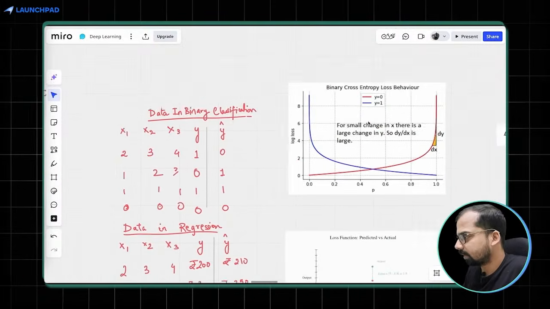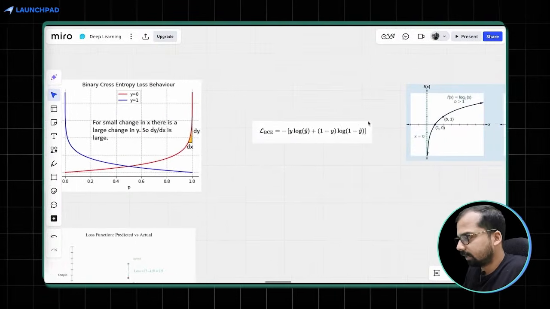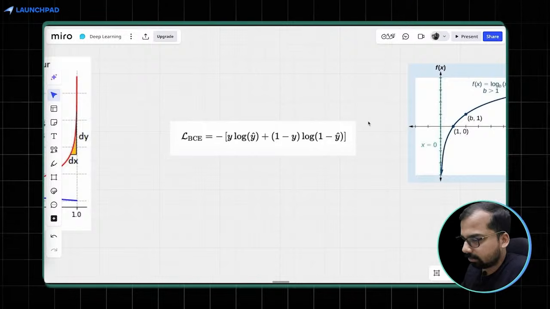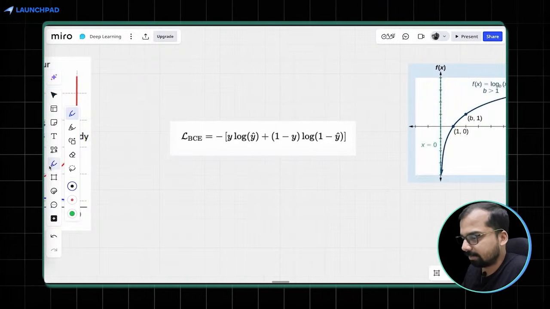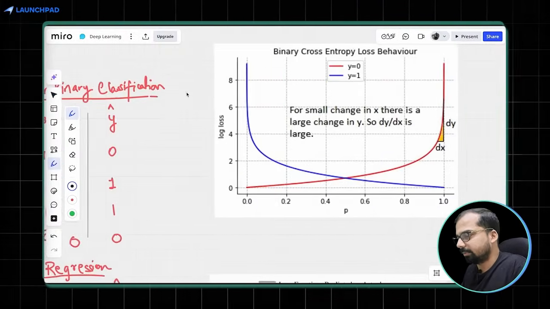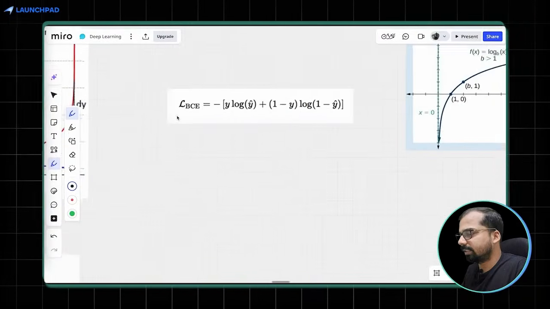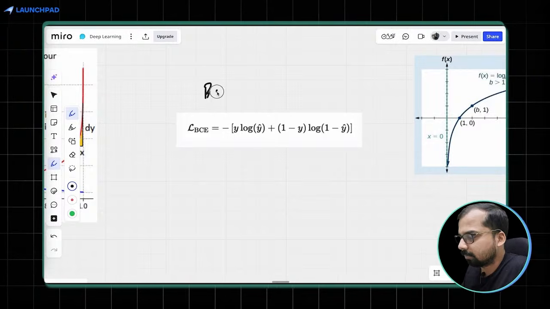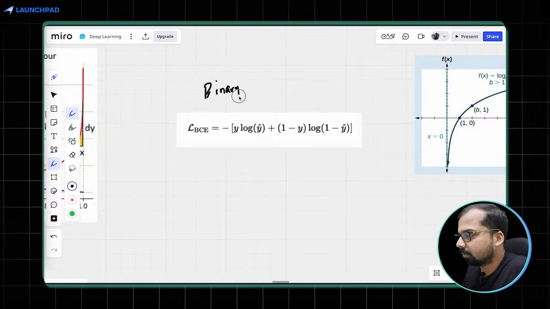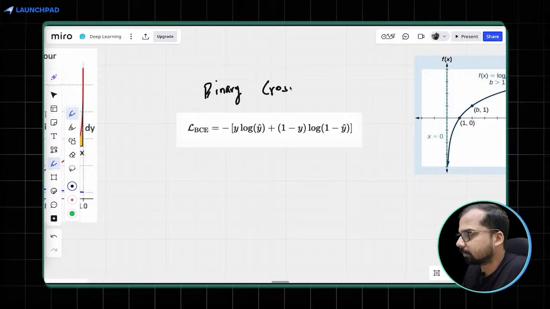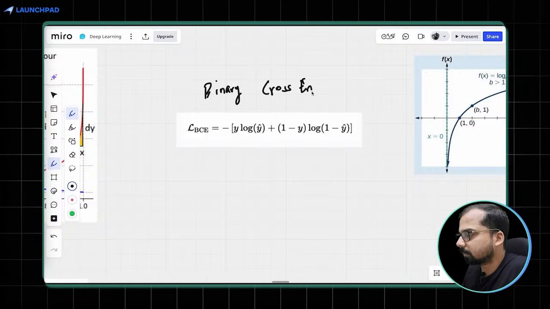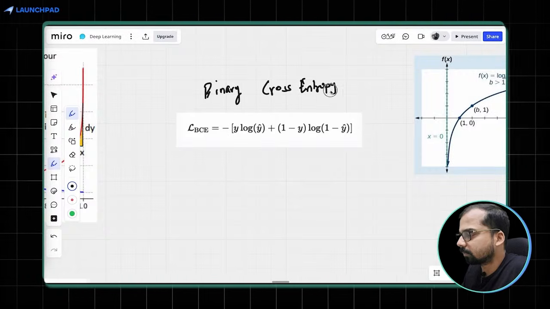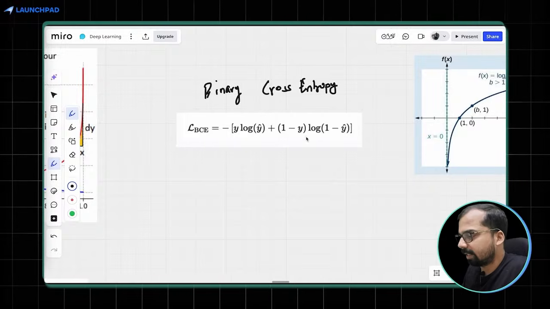If you have only two classes in your data, like in this example, we use something called binary cross entropy. So here is the formula for binary cross entropy.